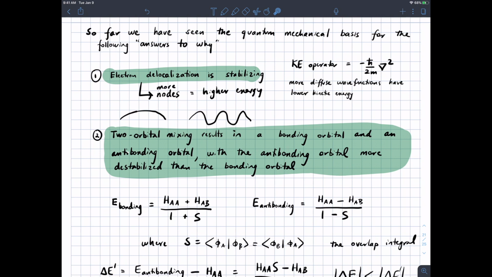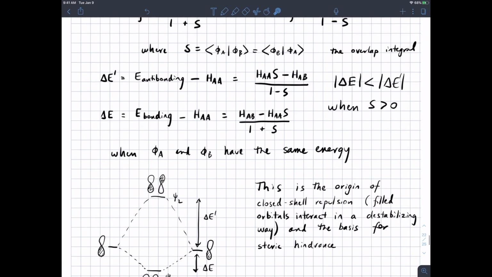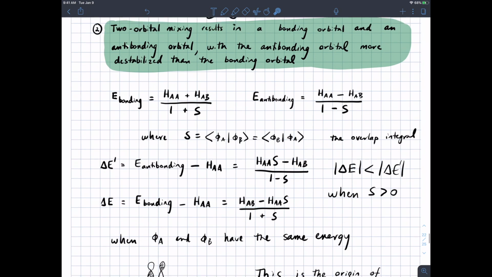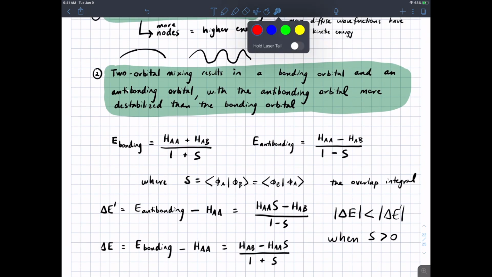How much and what of the math would you like us to do? That's a good question. I would really like it if you could get to the point where you can figure that out as a result from the two orbital mixing problem. And I think your study guide has you go through that math. It's frankly a lot of algebra and it's a pain.